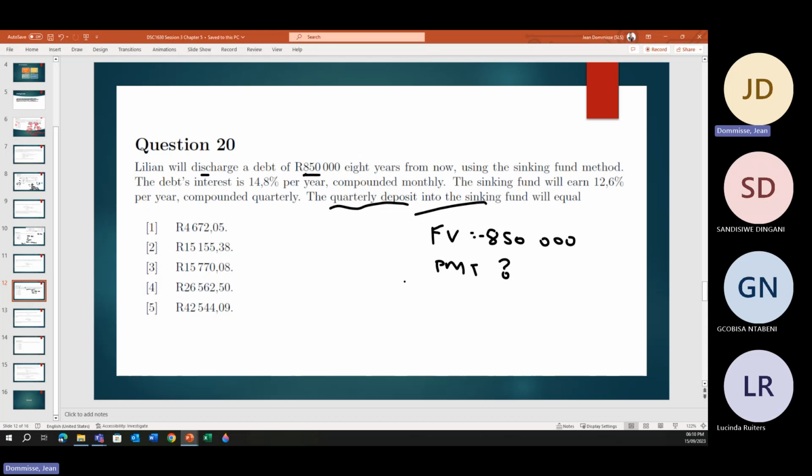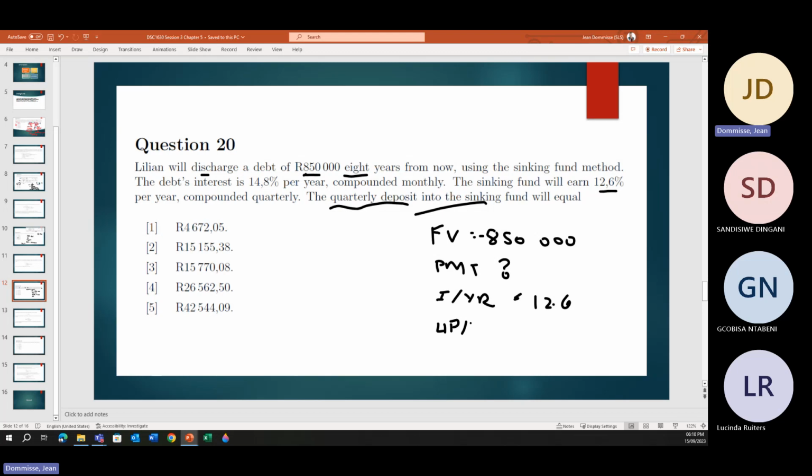Then there's a few things that are important in here. So the sinking fund will earn 12.6%. So your interest rate component is 12.6. Then we need to check how many years, 8 years, and quarterly, so 4 times per year.